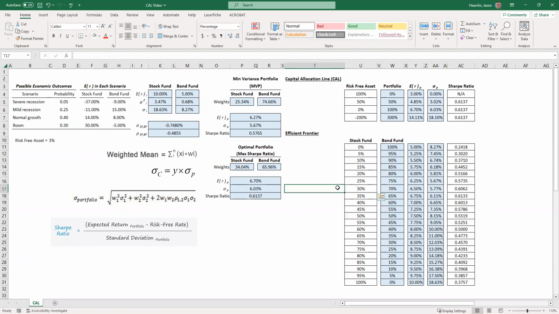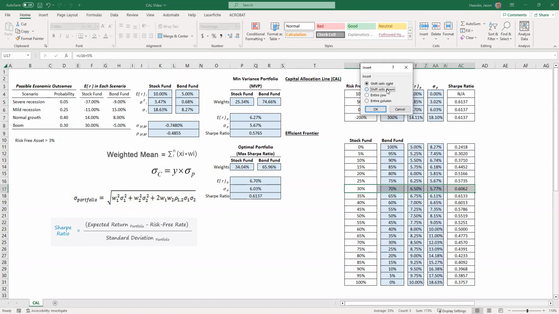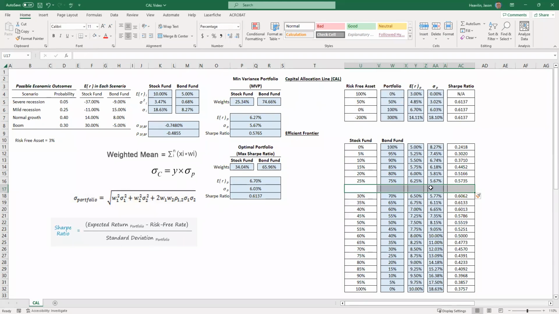So I'm going to go ahead and insert, so we can add those. So the stock fund on the minimum variance portfolio is 25. Excel is smart and it auto-populated everything because it just followed the same formula as above and below.